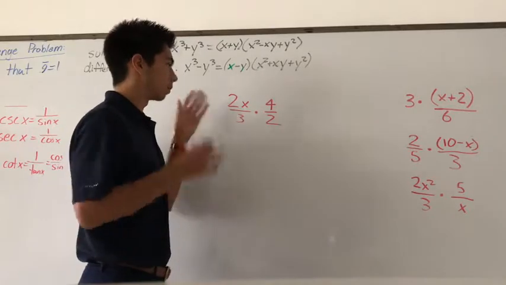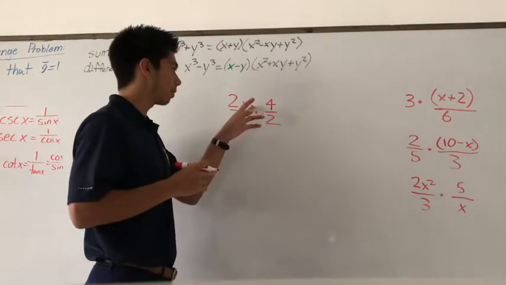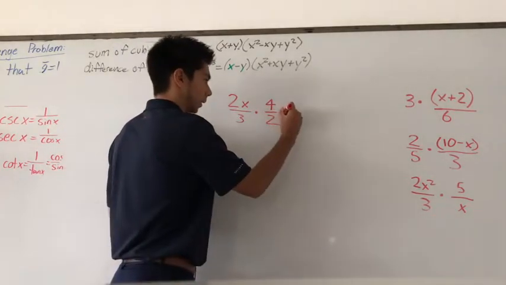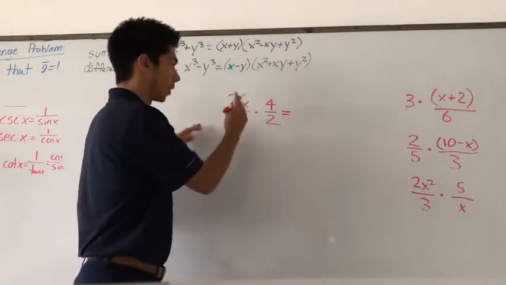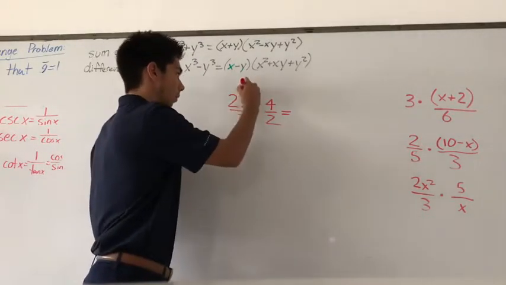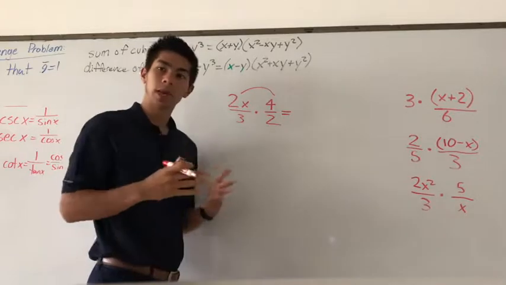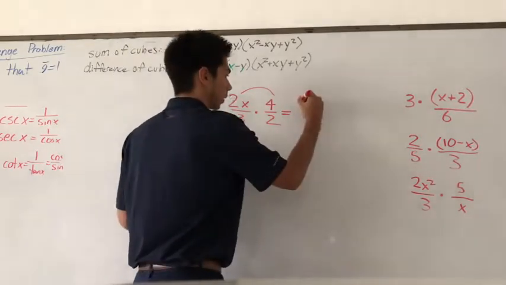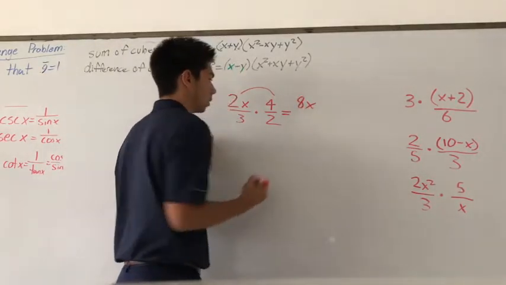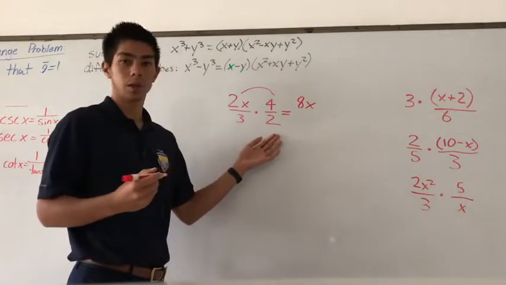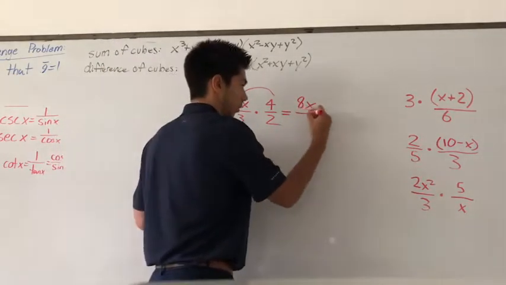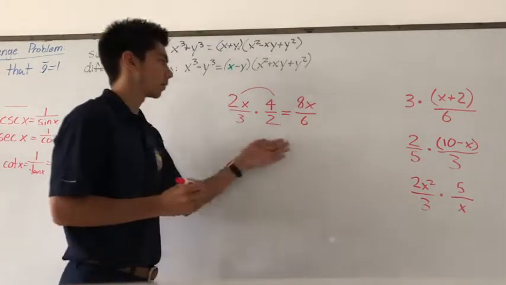It's a little bit crazier in your heads maybe with this x here, but same process. I'm going to look at my numerators, 2x times 4, and multiply them together. 2x times 4 is 8x. And then 3 times 2 is going to be 6. So you get 8x over 6.